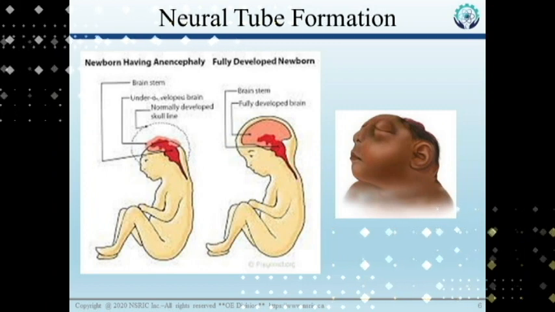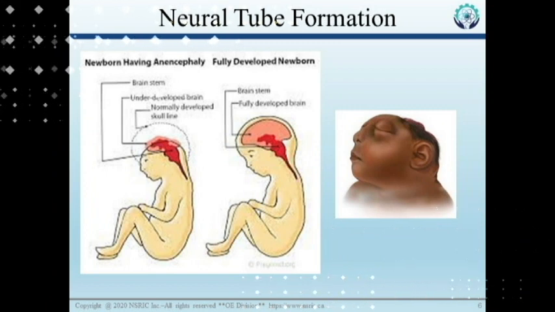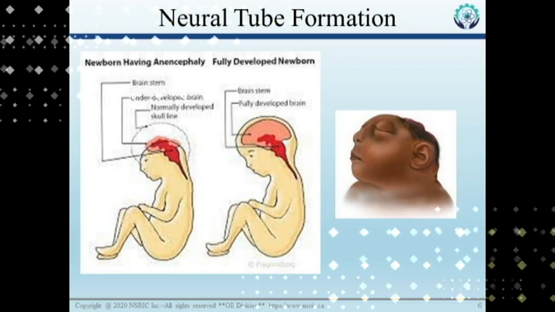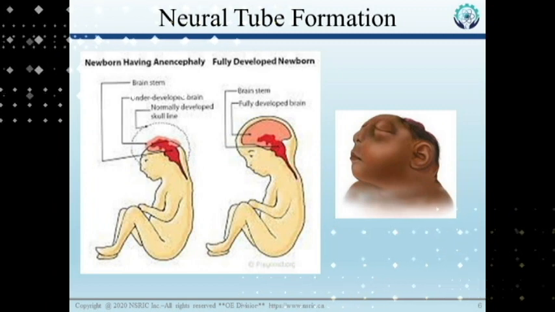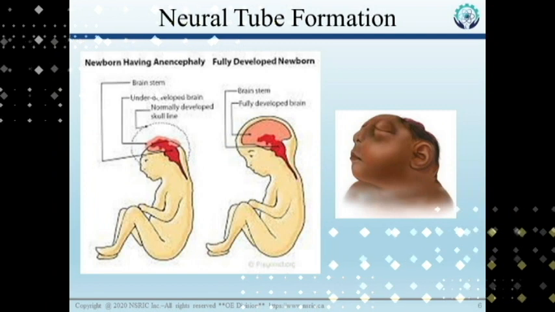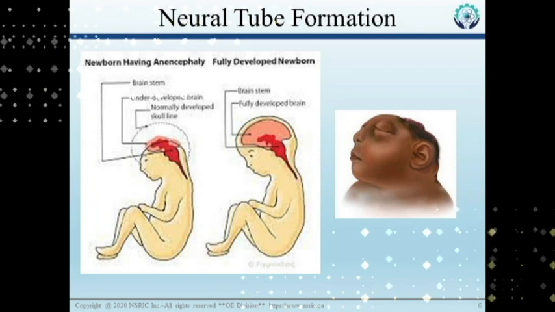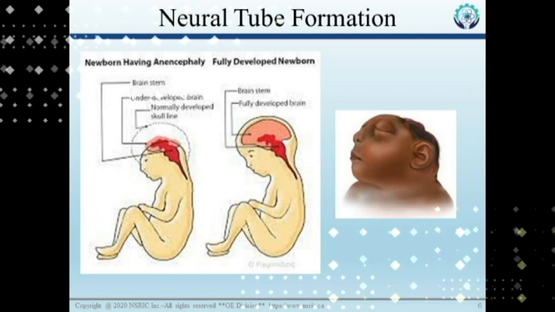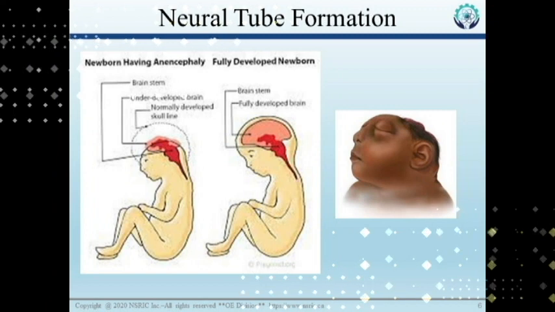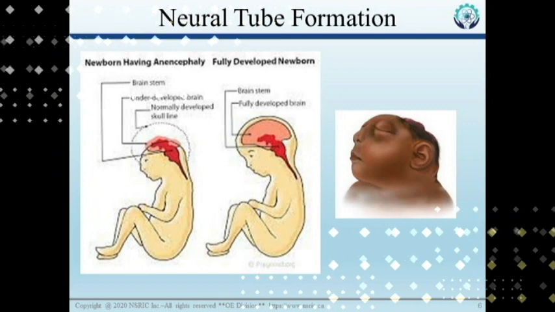Neural tube formation is a pivotal event that occurs in the embryonic stage around the third week after fertilization, and begins with the transformation of the ectoderm, the outermost germ layer of the embryo, into the neural plate, which is just a flat, simple plate. And this flat structure elongates and then slowly begins to form inward.